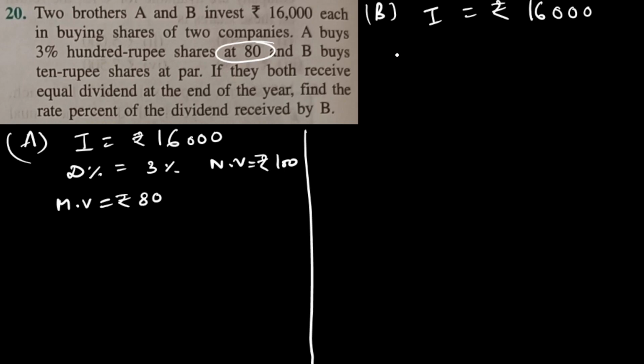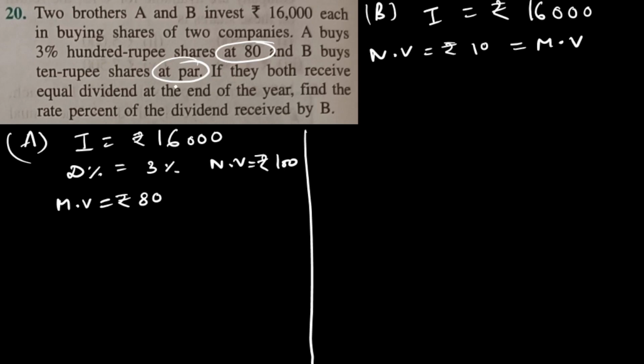For B also this information is given. B buys 10 rupees share. That means nominal value is 10. 10 at par. At par means nominal value is equal to market value. Both the values are the same. So that's why I have written market value is also equal to 10.